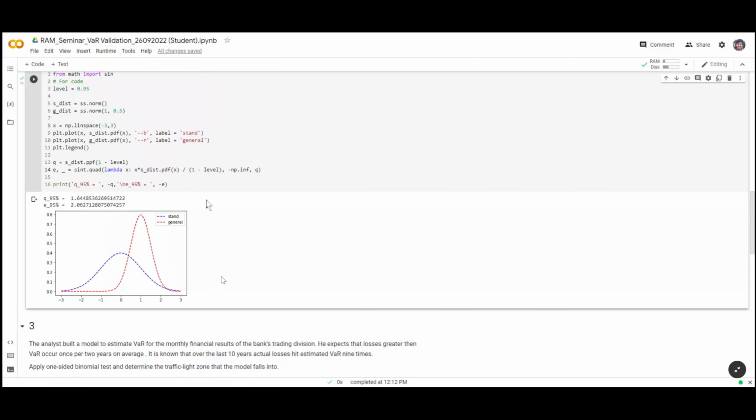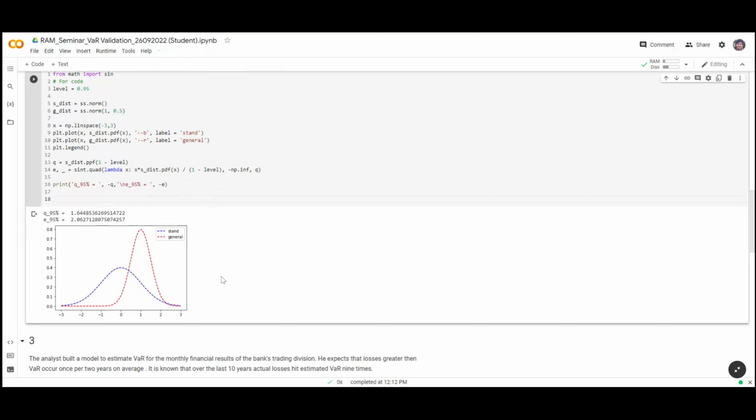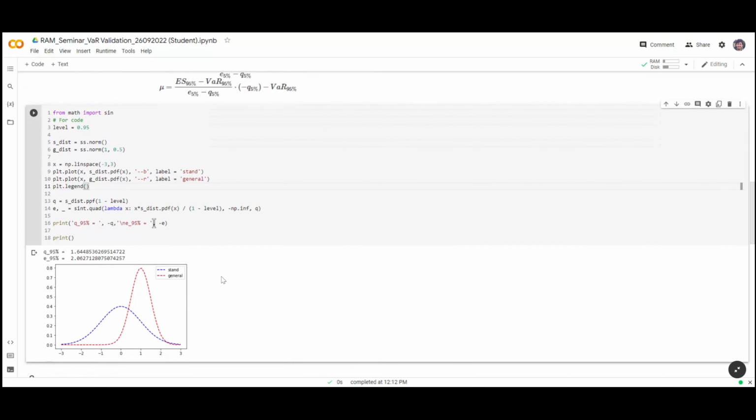So it's pretty close to the quantile of 97.5%. Okay? Good. So now we actually can do some experiments with mu and sigma, right?